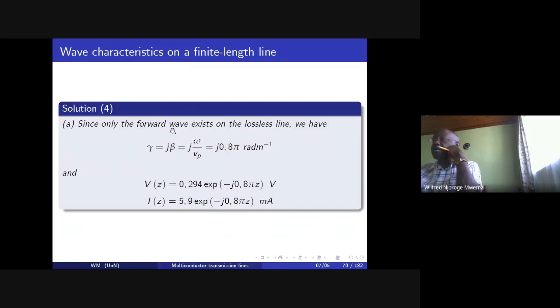So since only the forward wave exists on that lossless line, we have that gamma is equal to j beta, equal to j omega by Vp. But this is not a consequence of only one forward wave existing; it is because of the lossless nature of the line. That's why gamma is equal to j beta, and we can always get that value as j 0.8 pi radians per meter.